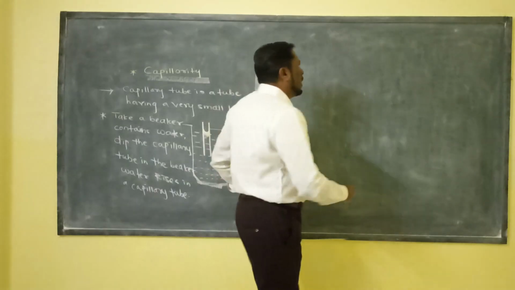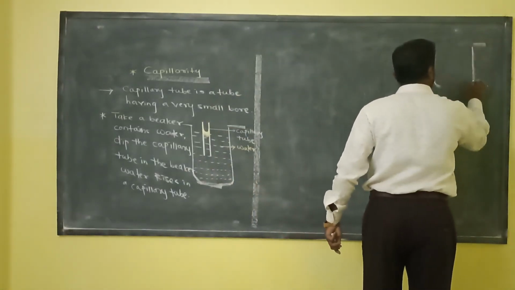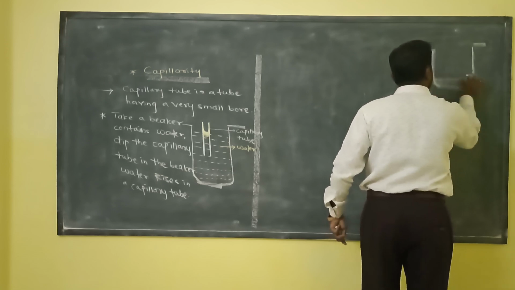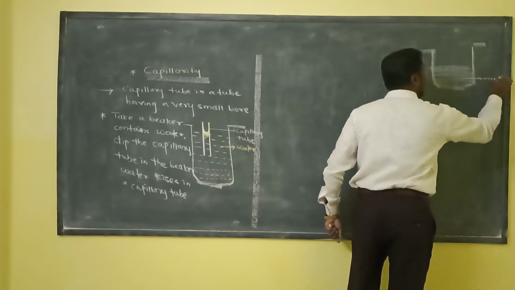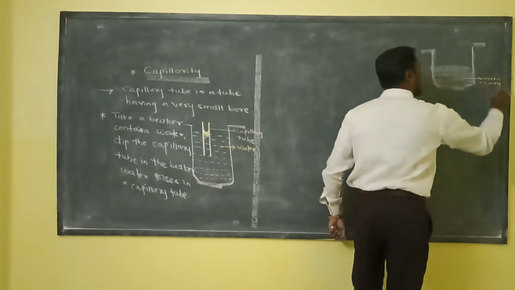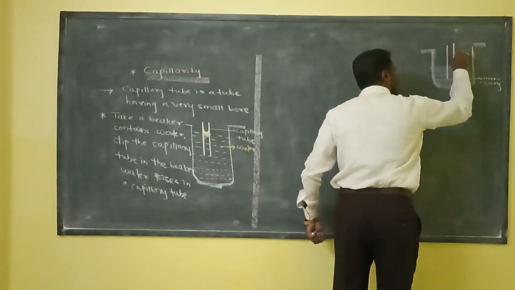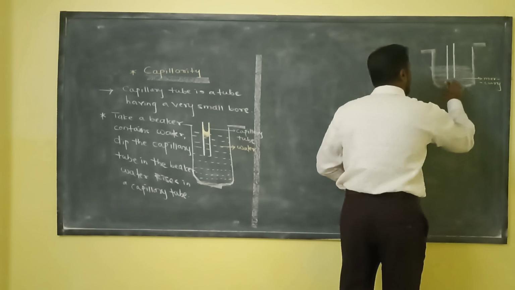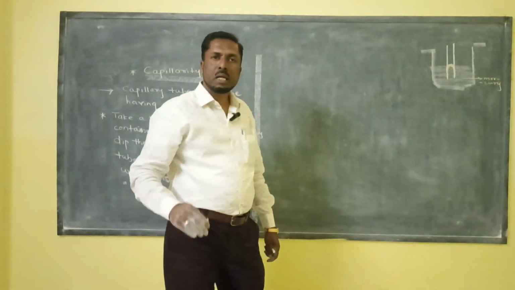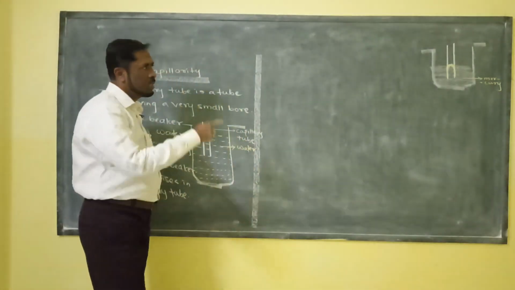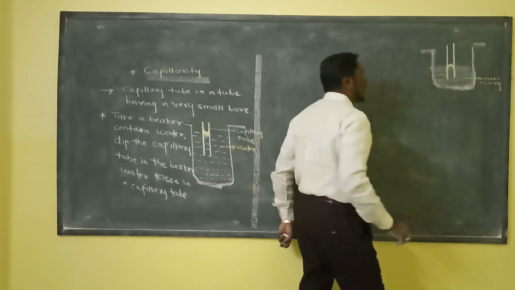Let us consider another beaker which contains some mercury. Again dip the capillary tube in the beaker which contains mercury. What happens? Here, see the position of the mercury. Mercury does not rise. Watch the diagram.